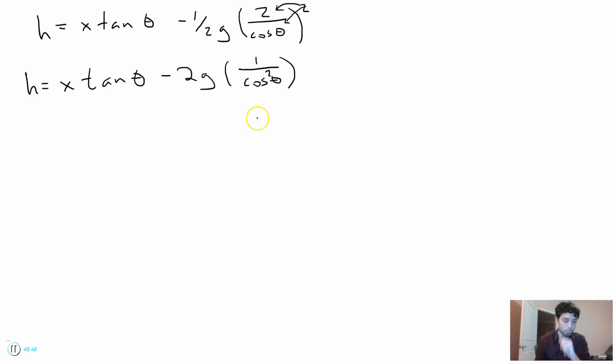Okay. Now from here, I went up and thought, there's got to be a trigonometric identity for this, and here it is. You can look it up on Wikipedia or something. It turns out that 1 over cosine squared theta is equal to secant squared theta.